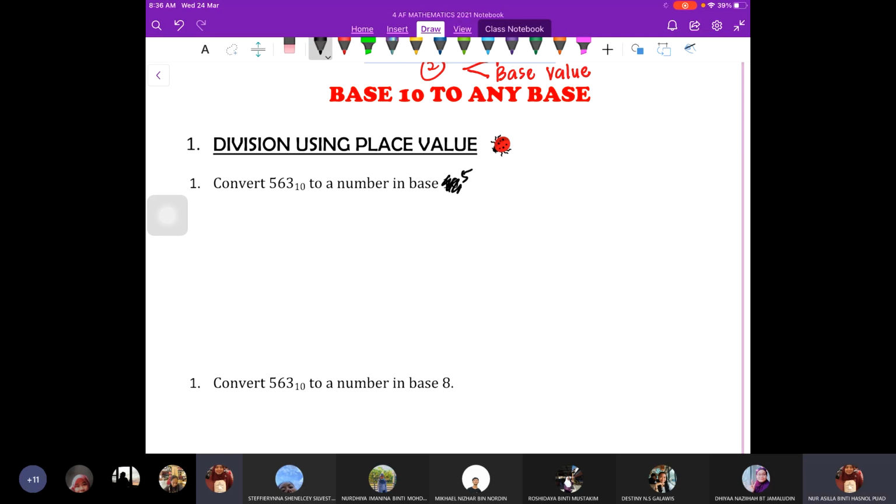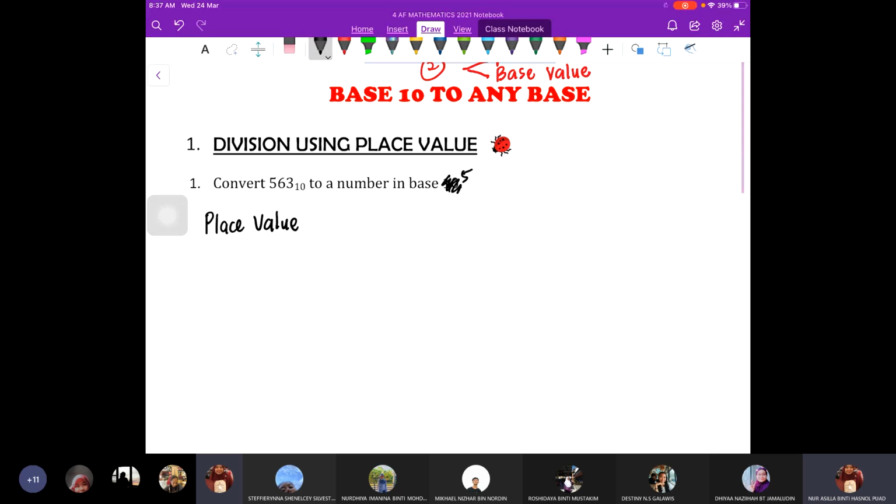Base 5. Okay. So nak guna place value, saya rasa kamu akan a bit confusing. Okay, but we're gonna go through. Sebab saya tengok pun a bit confusing to me too as well. Okay, so kalau kamu tengok your textbook dia akan pergi first dengan place value.